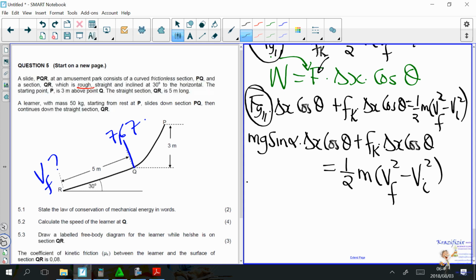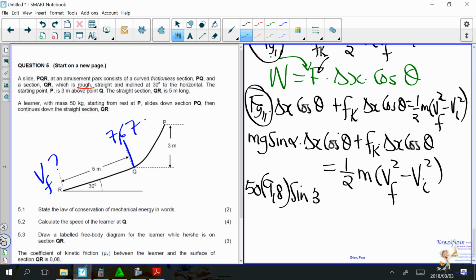Now what is the mass? 50. What is g? 9,8. If I use theta here, learners get confused about which one is which. So it's high time we taught learners to use alpha for differentiation.